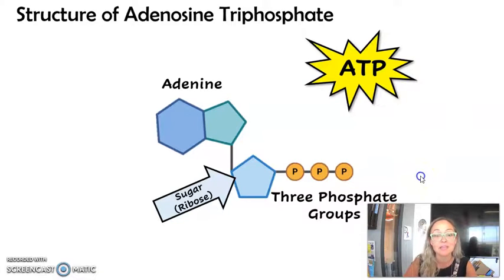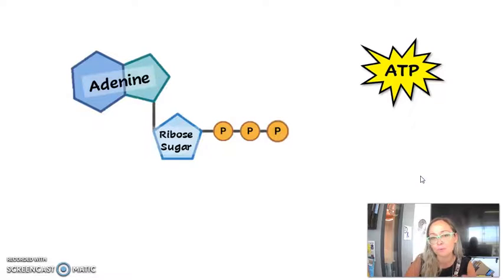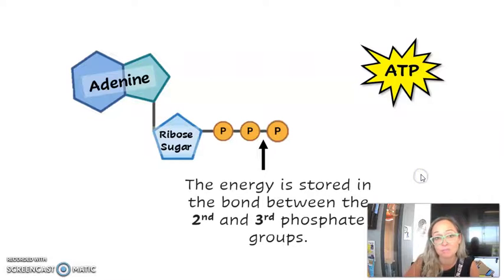phosphate groups. Now, one thing that is kind of important to understand is that phosphate groups have negative charges. And so here you have 3 phosphate groups, all with negative charges, bonded to each other. And so that's kind of like compressing a spring. Like if you put batteries into a remote, you have to press that spring down. So here you're forcing 3 negative charges together.